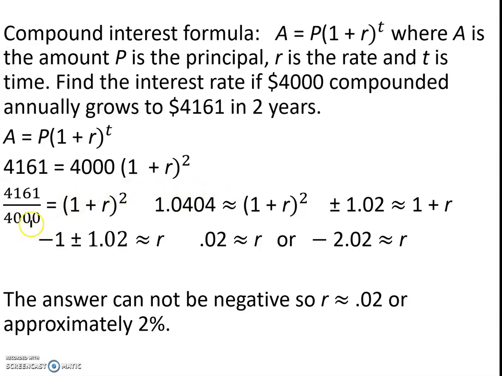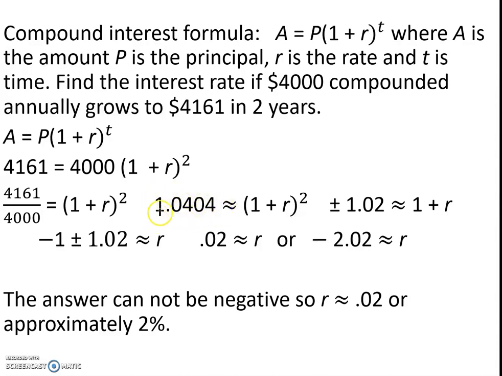Dividing both sides of the equation by 4,000, we find that 4,161 divided by 4,000 equals the quantity 1 plus R squared. We know when we divide 4,161 by 4,000, we find that that's 1.0404.